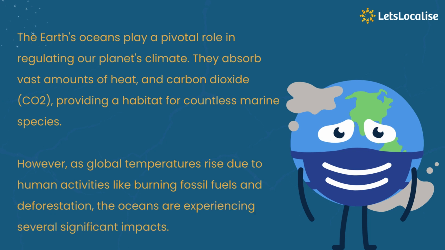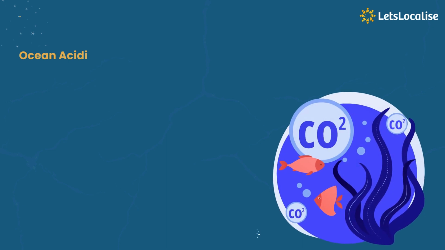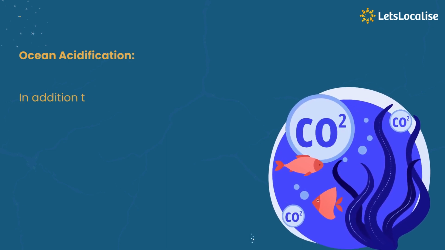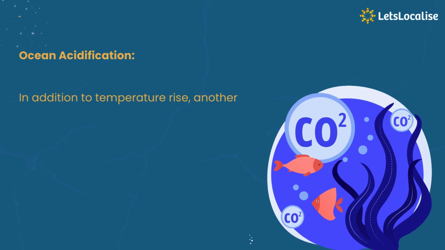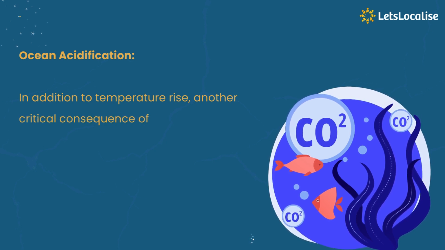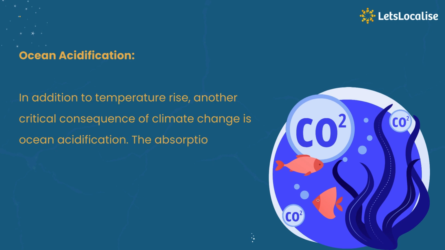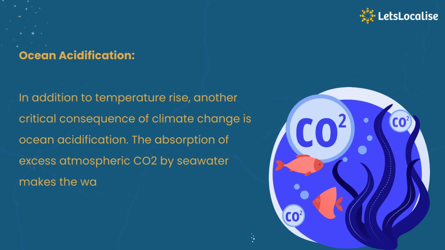significant impacts. Ocean acidification. In addition to temperature rise, another critical consequence of climate change is ocean acidification. The absorption of excess atmospheric CO2 by seawater makes the water more acidic.